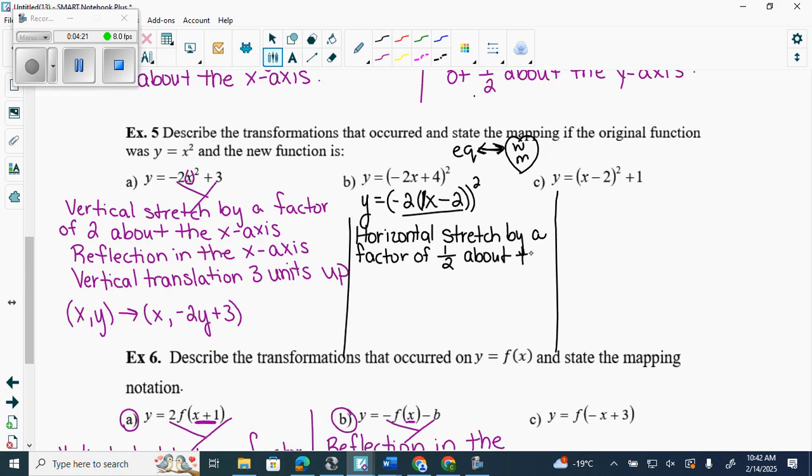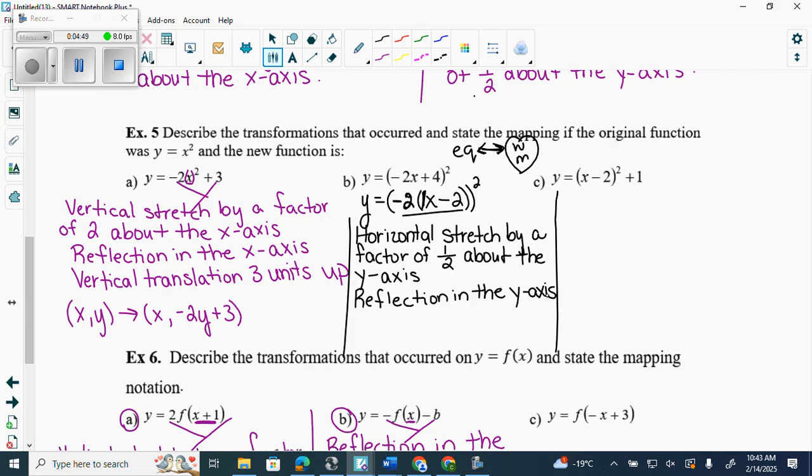So it's about the y-axis. So if it affects the x's, it's about the y-axis. So that gets rid of the 2, this 2 right here. Then we have a negative sign. So that's a reflection in the y-axis. It's always in the opposite one. You see how both of these are with the y-axis? So anything that affects x's is with the y-axis, and anything that affects y's is with the x-axis.